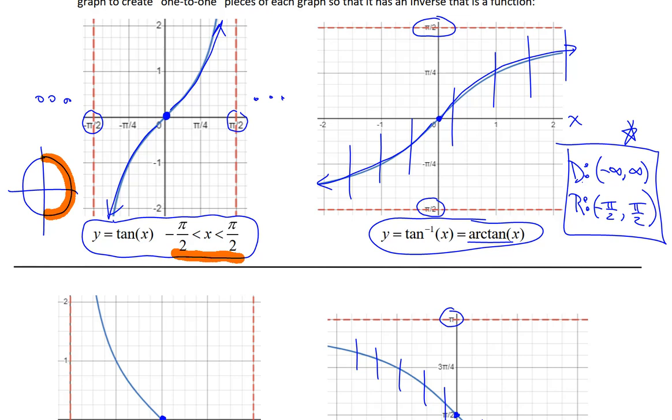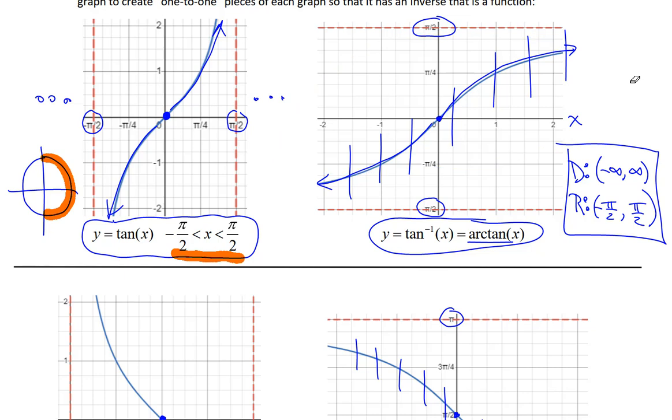So it turns out the domain of tangent inverse is negative infinity to positive infinity, meaning all real numbers. So we have no problems with any inputs for tangent inverse, which is good to know. We're completely free to plug in whatever we want for tangent inverse, and the graph illustrates it as well.